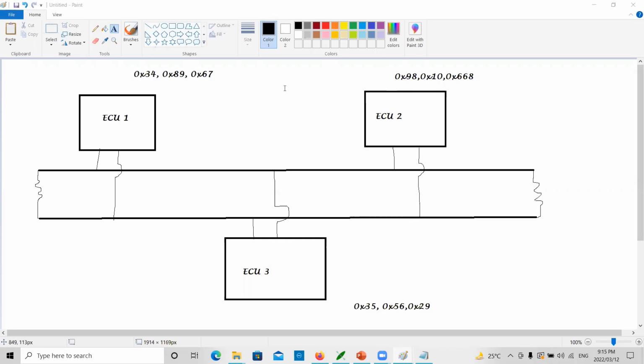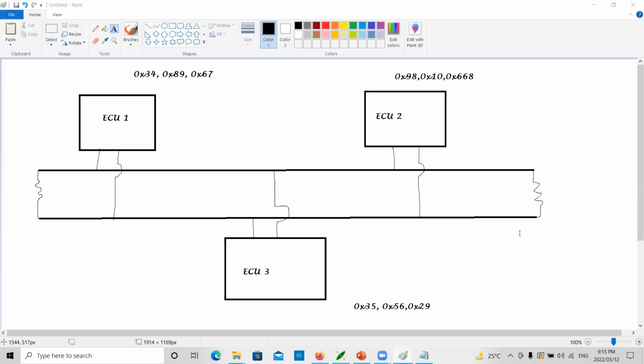Is that correct? Yes. How? Because the lower identifier has the higher priority during arbitration, and we use AND logic. So the 29 will go out.